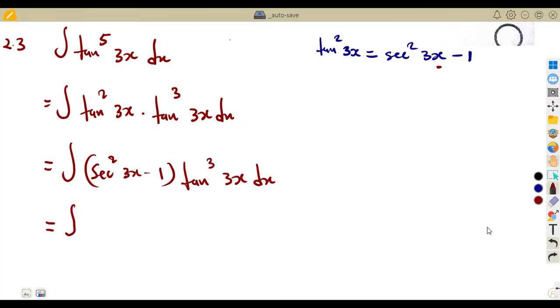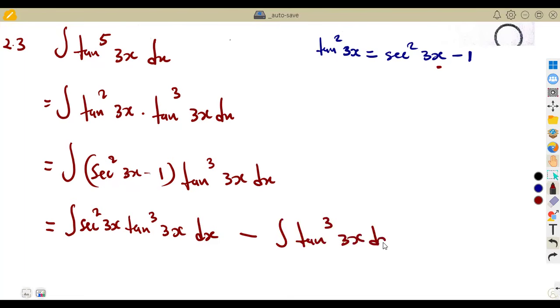It expands these 2 terms. So we are going to have the integral of sec squared 3x times tan cubed 3x with respect to x. All right, you multiply this negative 1 to tan, so it's going to be minus the integral of tan cubed 3x with respect to x.